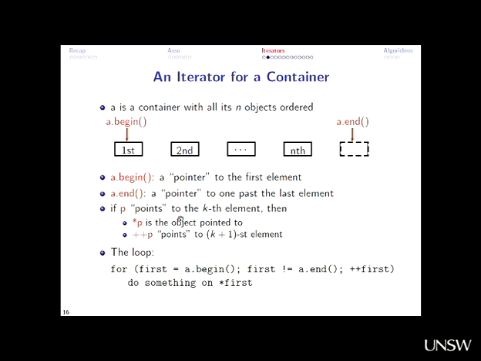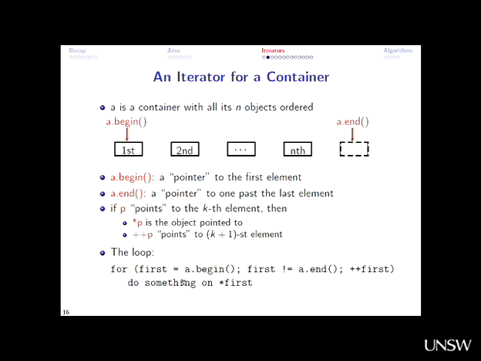Like I said on Monday, an iterator itself is a data type. So the iterator is not a collection, and it's not the value stored in the collection, it's its own data type. To look at the object being pointed to by the iterator, we dereference it, the same way as we dereference a pointer. And we can use plus plus and minus minus to go forward or backwards on an iterator, provided that particular iterator has it defined.